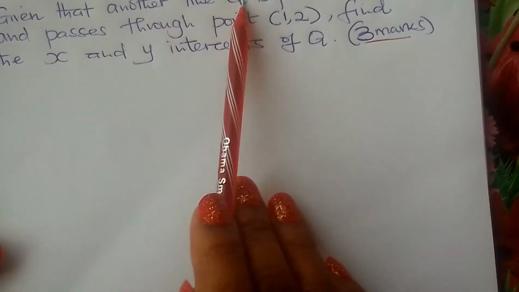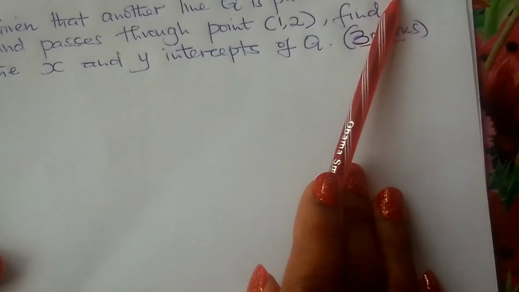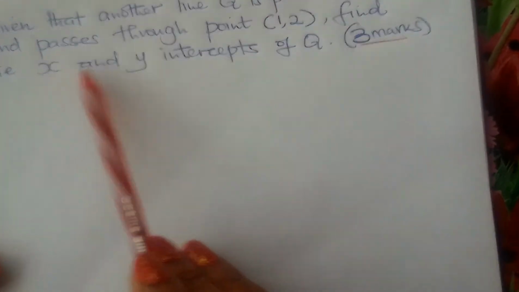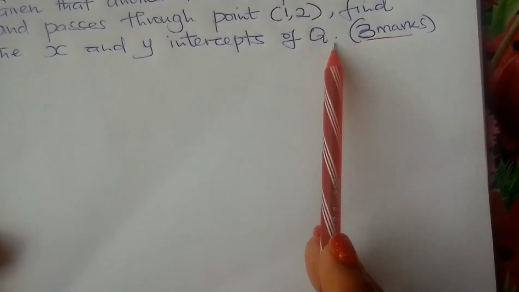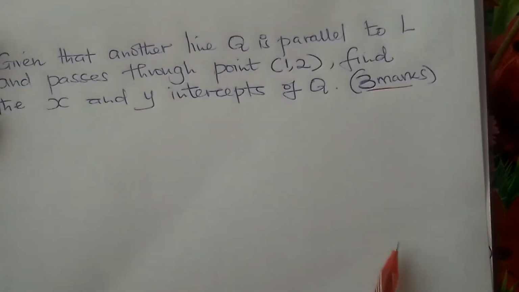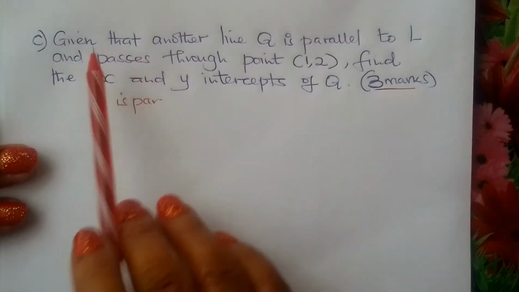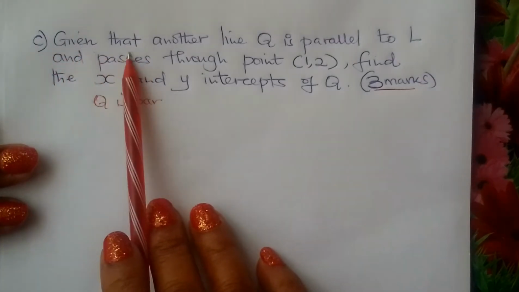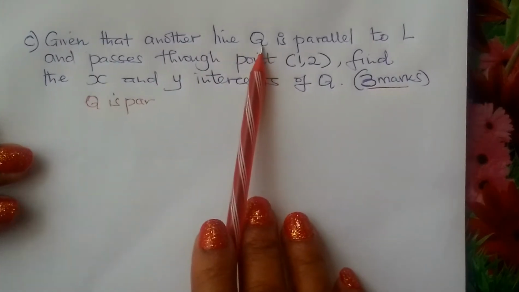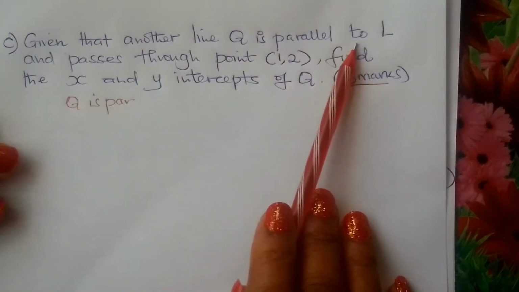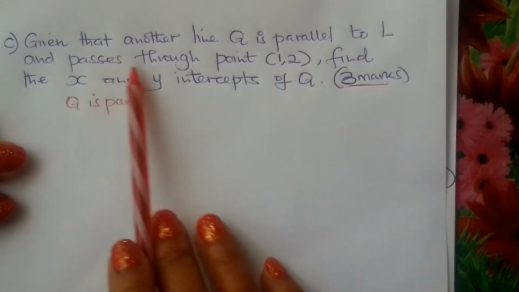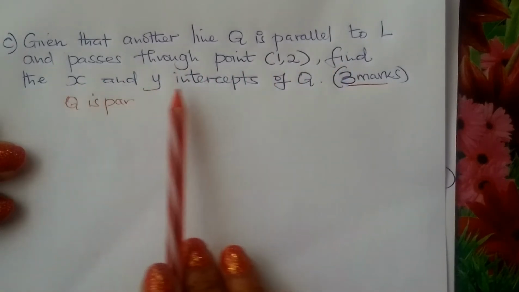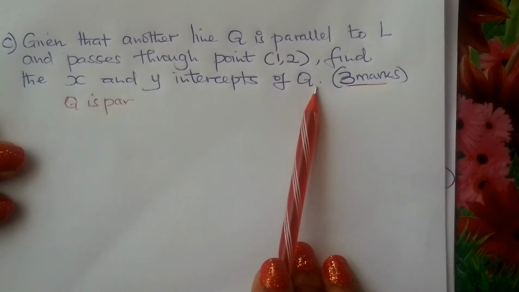Given that another line Q is parallel to L, learner, and passes through this point, find the x and the y-intercepts of Q. We can rewrite this. We now look at part C. We are told that given that another line Q is parallel to L and passes through point 1, 2, find the x and the y-intercepts of Q.